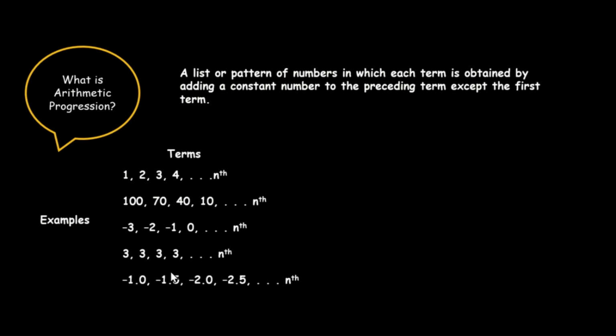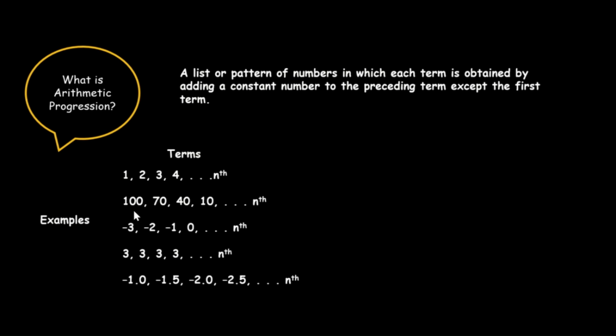So here are the examples of arithmetic progressions. In this example, each number in the list or pattern of numbers is called term of that arithmetic progression. So 1 is a term, 2 is a term, 3 is a term, 4 is a term, and so on, nth term.